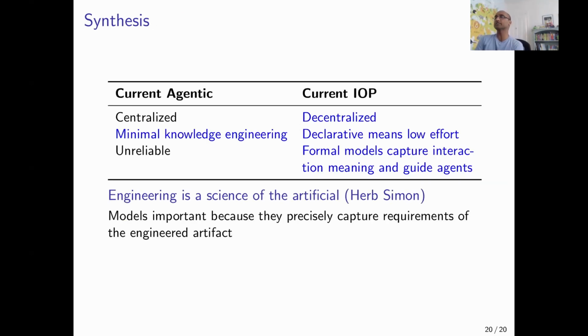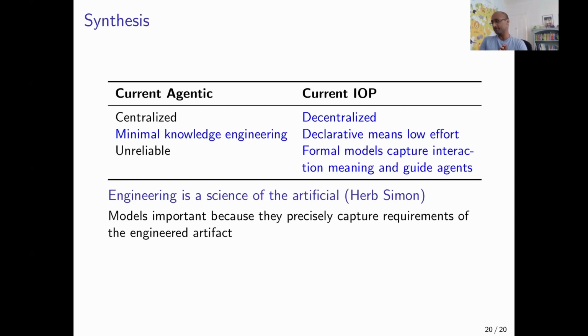So I want to end with this slide on the synthesis, to emphasize where I think the synthesis lies. The bad thing about current agentic approaches is that they are workflow oriented and centralized. The good thing is they significantly reduce the knowledge engineering effort.